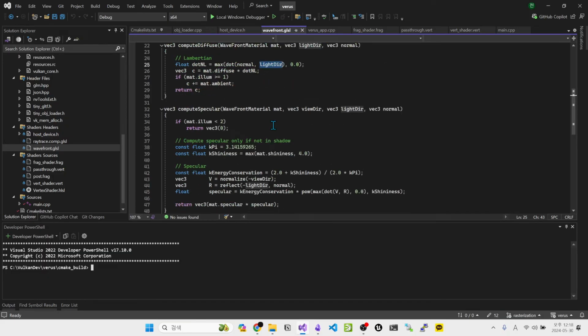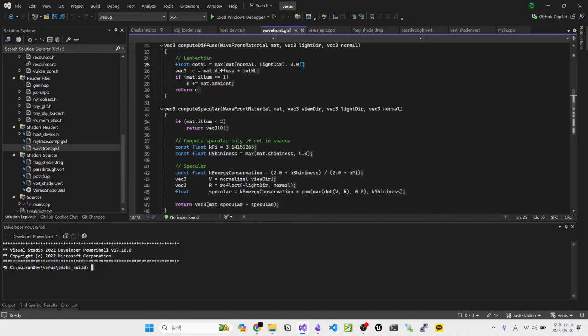But you guys may be curious about why we use the max clamp function for the dot product result with 0.